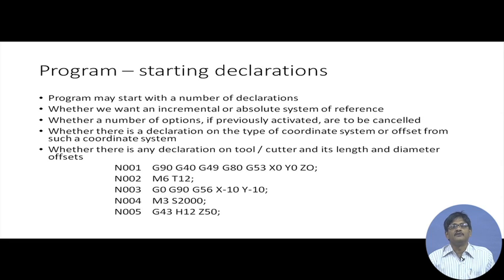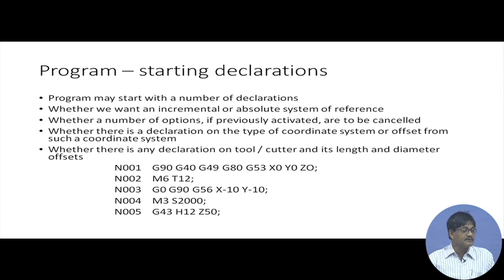The tool might be asked to carry out, say, spot facing operation at different locations. Wherever it goes, it is supposed to spot face. You might have a command for cancelling that. So, all sorts of cancellations of options previously opted for, which might be active still, might be cancelled in that first line.